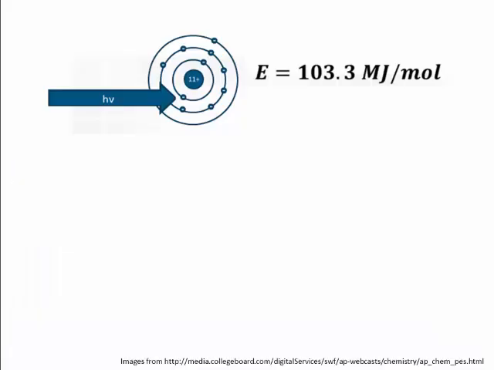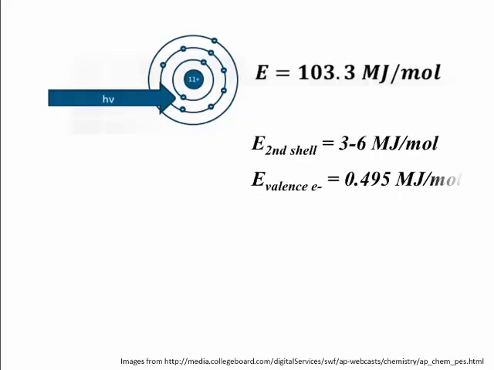The electrons in the first shell, the closest shell, are most tightly held by the nucleus. So electrons in the first shell will require the greatest amount of energy to remove. Understand that any photon of light with sufficient energy to remove an electron from the first shell can remove an electron from any shell.